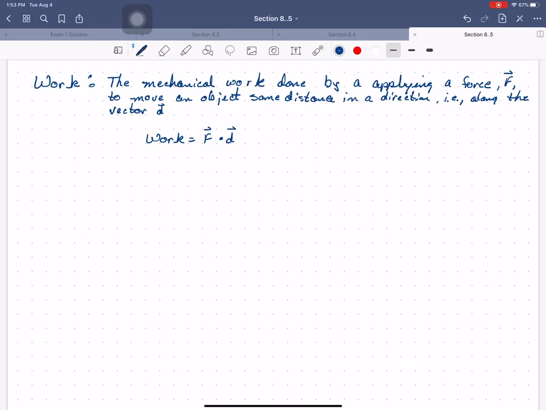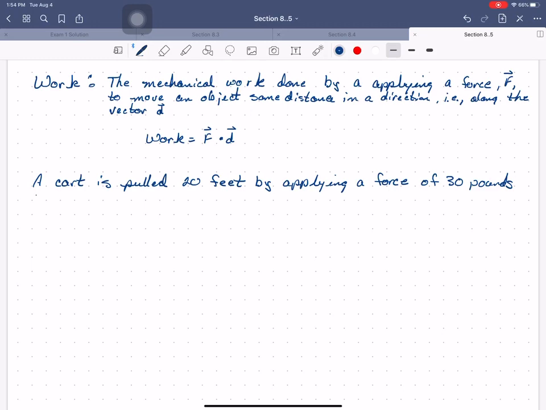So, for example, let's suppose that a cart is pulled 20 feet by applying a force of 30 pounds on a rope held at 30 degrees, and this will be relative to the surface along which the cart is rolling.